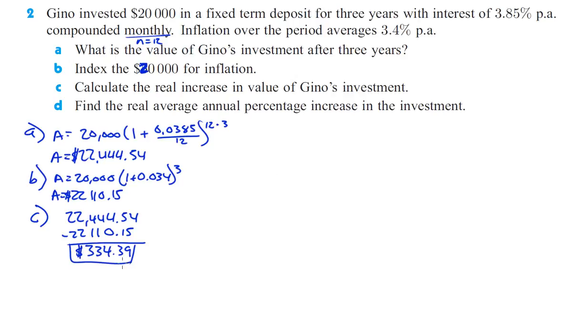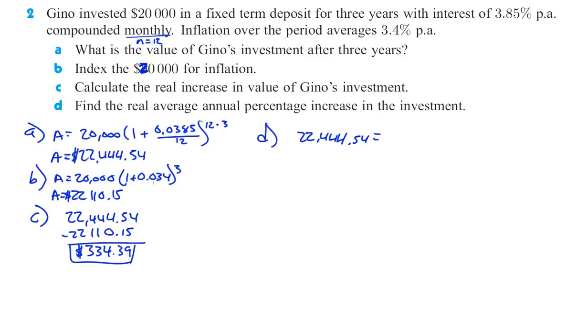That's the real increase. So the real average annual percentage increase is going to be, again, they're going to end up with what you could pull out. So that's the 22,444.54. Oops, I don't need the equal sign here, I need it over there.